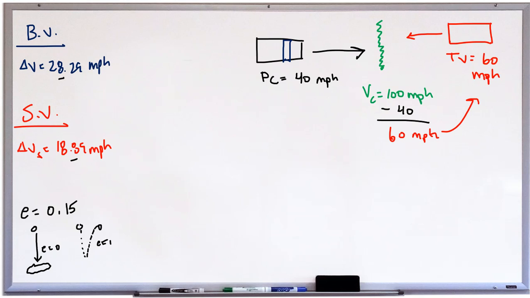We've got our two delta V values. We have our restitution, and with this information, we're going to be able to solve for the closing speed of this crash.